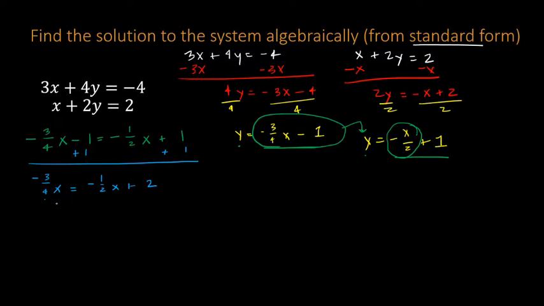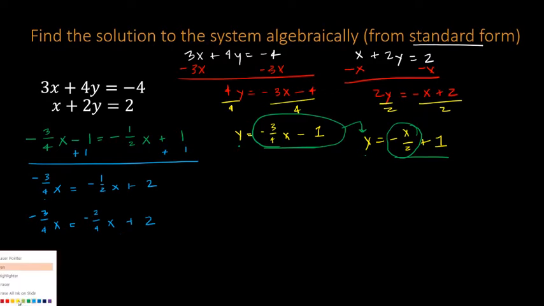So the first thing I'm going to do is rewrite this as negative 2 over 4. So I've rewritten it as an equivalent fraction, but I'm just matching the denominator that I'm dealing with. So I've got negative 3 over 4x equals negative 2 over 4x plus 2.